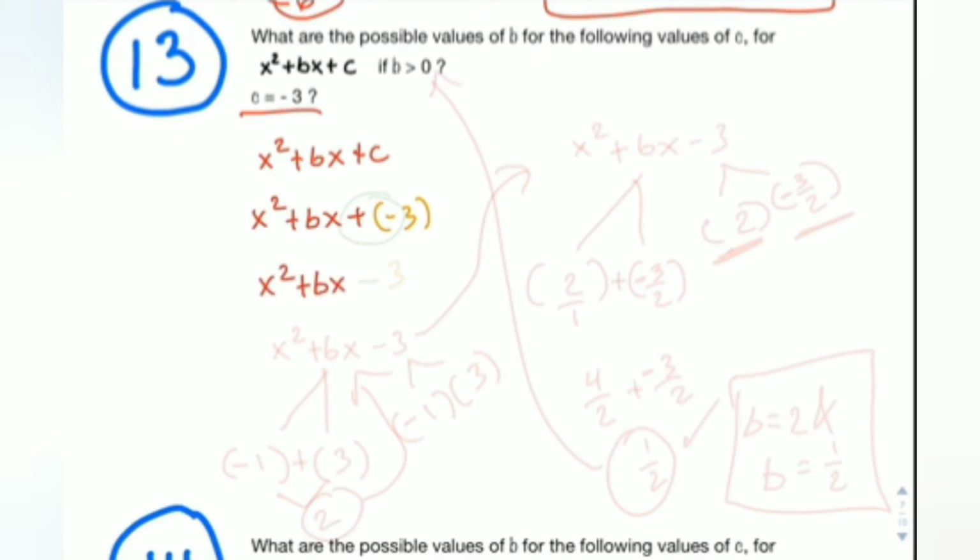Every time we see the pirate, put a subtraction. Now we're going to change everything to one color because everything is already simplified. The two criteria are that you need to find two numbers that multiply to -3, and when you add them, equal b.